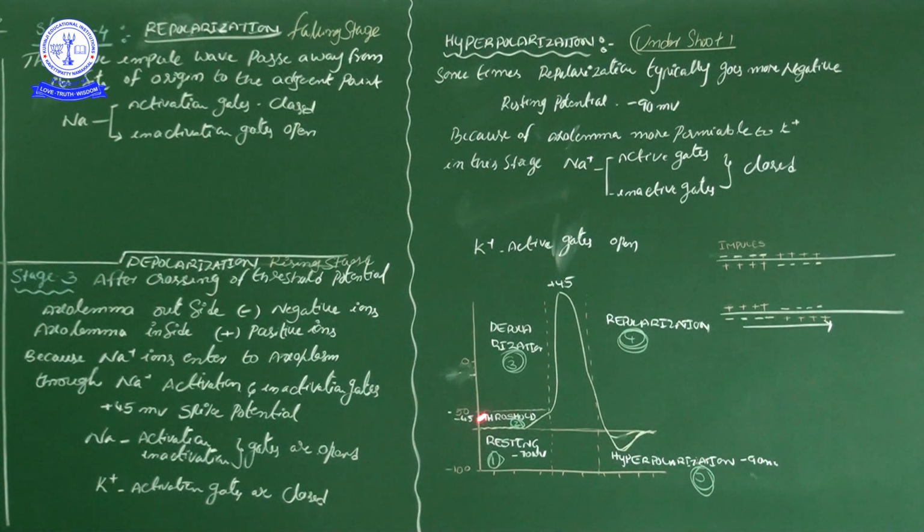Here, this line is the resting stage without disturbance, the normal condition. The orange line is the threshold stage, up to -45. Then +45 is depolarization. From +45 coming down is repolarization. Then it reaches -90, which is hyperpolarization.